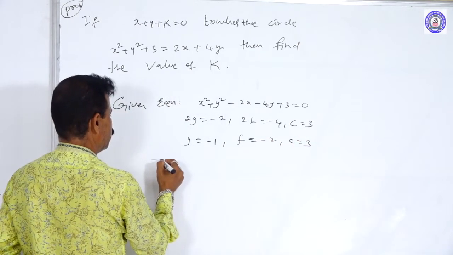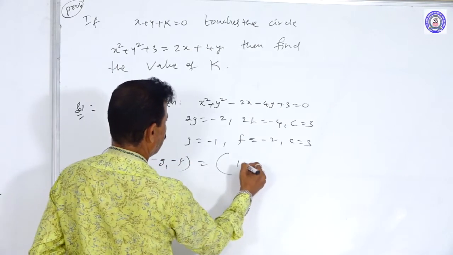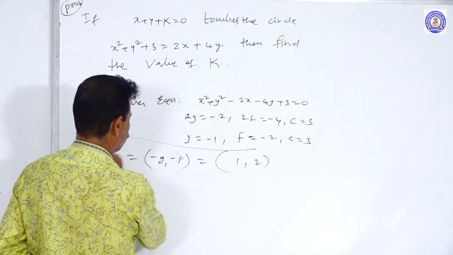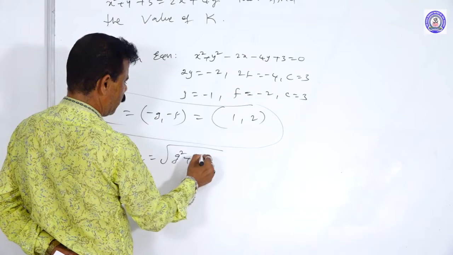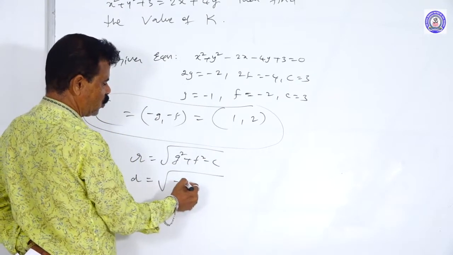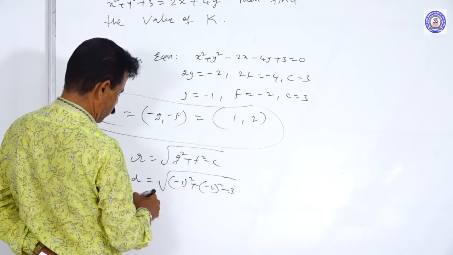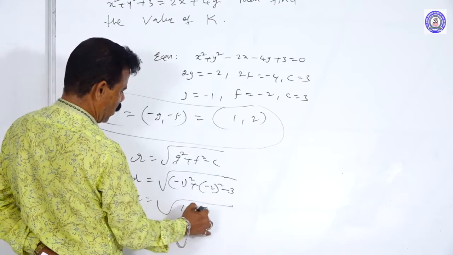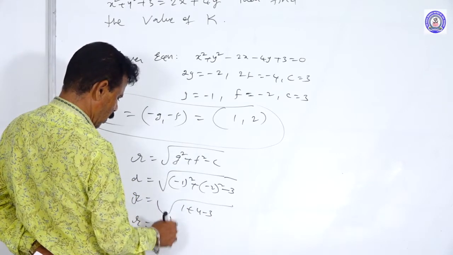So minus g, minus f is the center, that is 1, 2, it is the center. And the radius is equal to root of g square plus f square minus c. R is equal to minus 1 square plus minus 2 square minus 3. R is equal to 1 plus 4 minus 3. 5 minus 3 is 2. R is equal to root of 2.